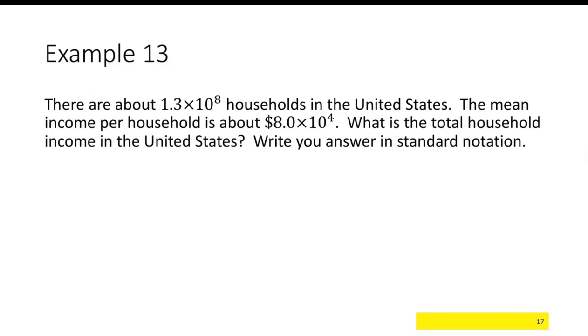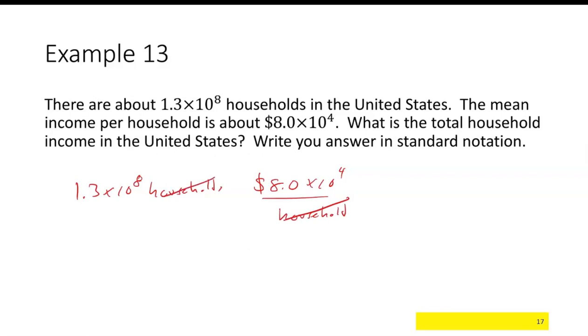So in this case, there's 1.3 times 10 to the 8th households. And the income 8.0 times 10 to the 4th per household. So the total household income is basically I would multiply these two numbers together.